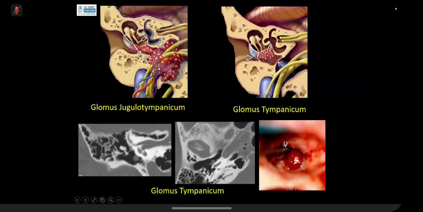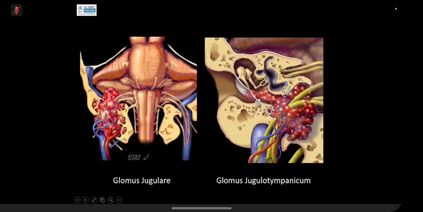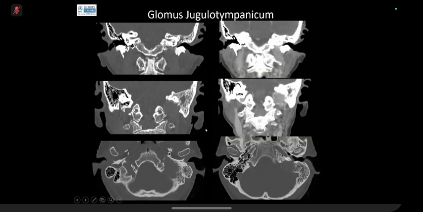This is around the jugular foramen and it has gone into the middle ear cavity: glomus jugulotympanicum. This one is completely filling up the middle ear cavity, so this is glomus tympanicum. This is one which is sitting here. And another picture showing you the similar thing.